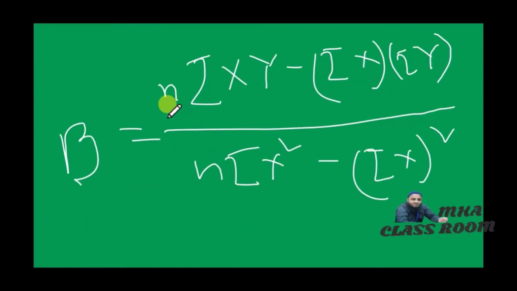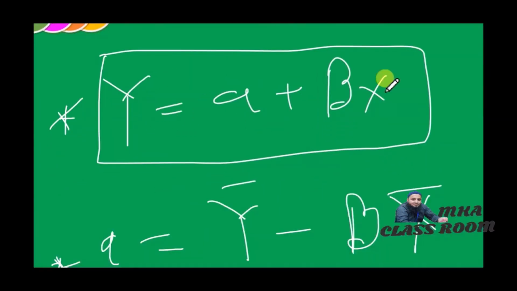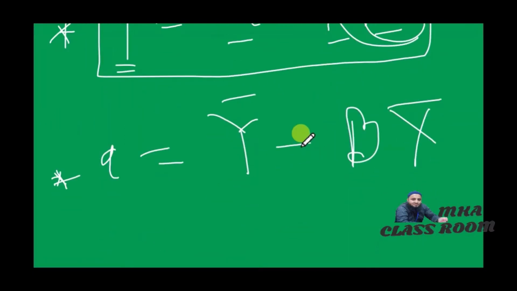Now here n equal to the number of items, y is the dependent variable and x is the independent variable, and we know that x is always expressed as the independent variable and y is expressed as the dependent variable, as in this equation. Y is the dependent variable, alpha is a constant, beta is also a constant, and x is the independent variable and it should change.